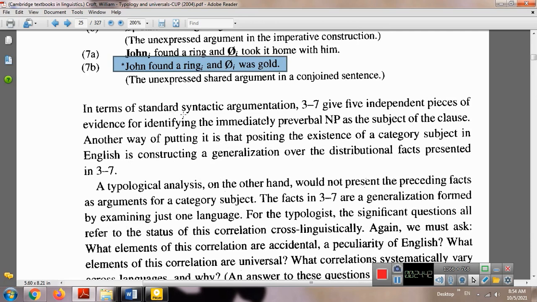In terms of standard syntactic argumentation, in examples 3-7, give five independent pieces of evidence for identifying the immediately preverbal noun phrase as the subject of the clause.